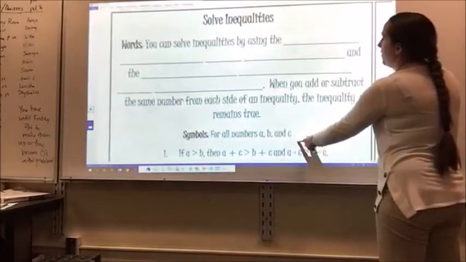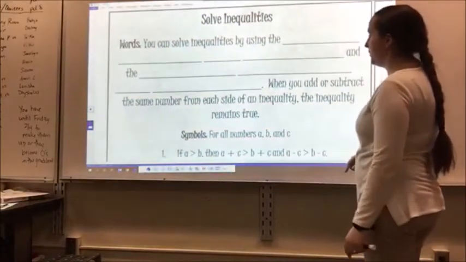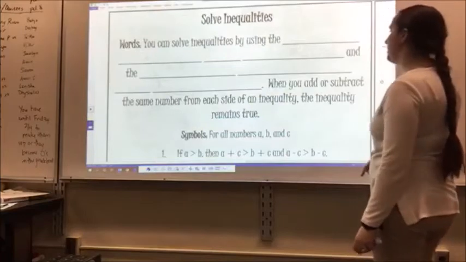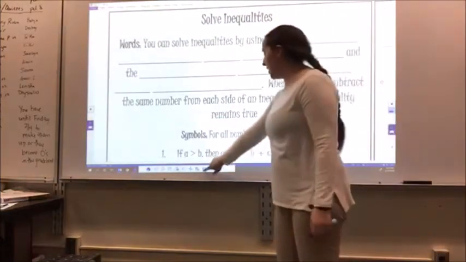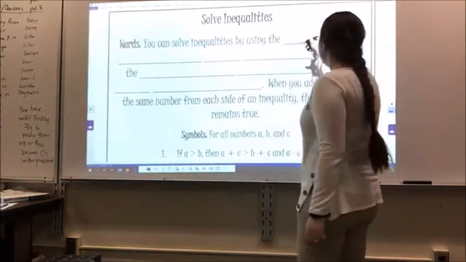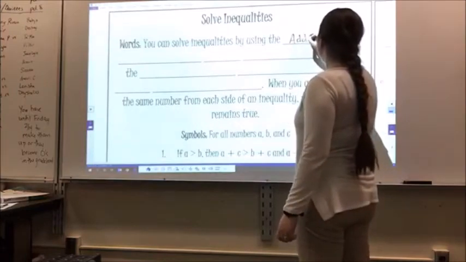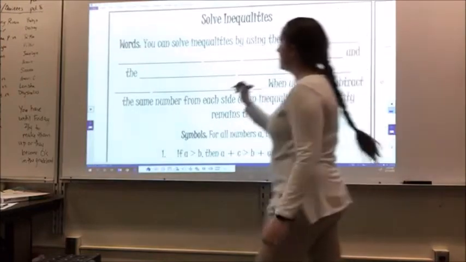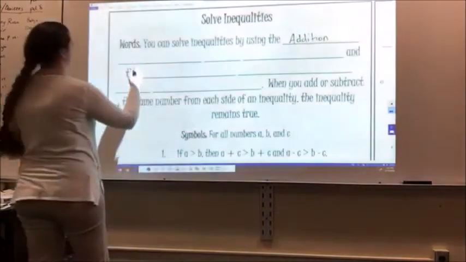in words, you can solve inequalities by using the blank, blank, blank, blank, and the blank, blank, blank, blank. In those blanks, you're going to write the addition property of inequalities and the subtraction property of inequalities.